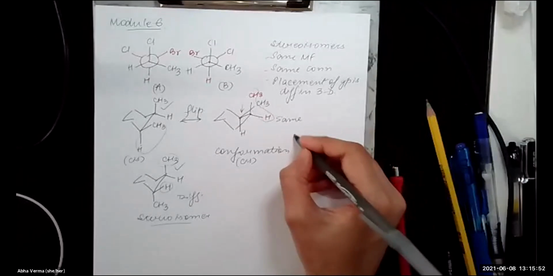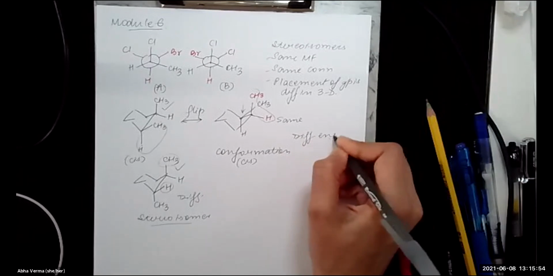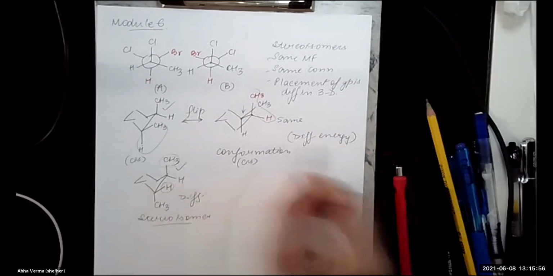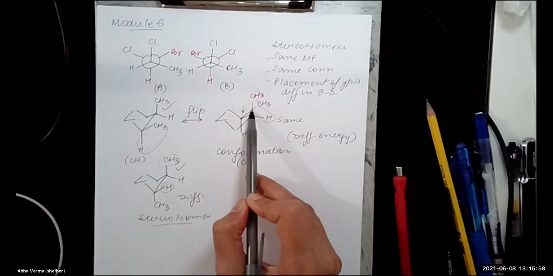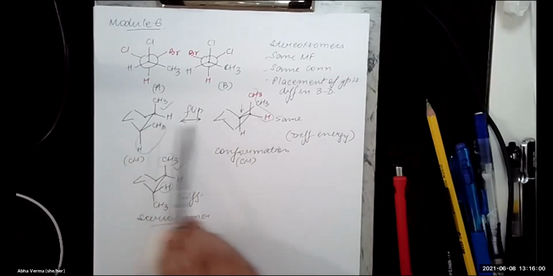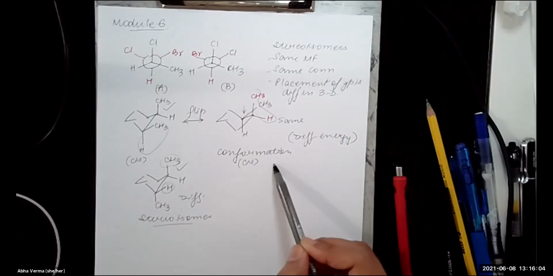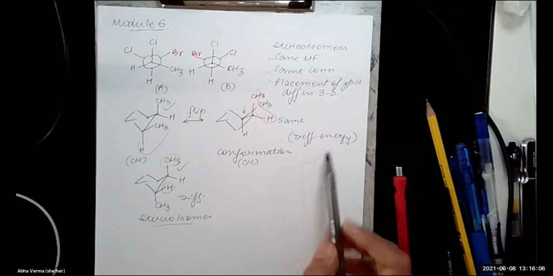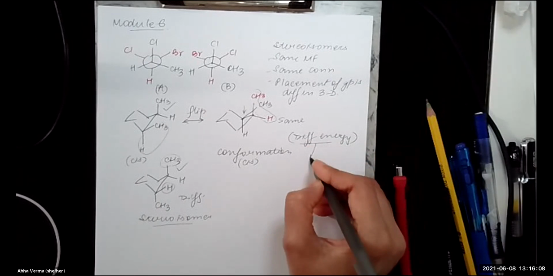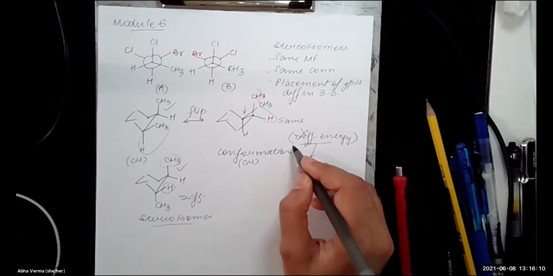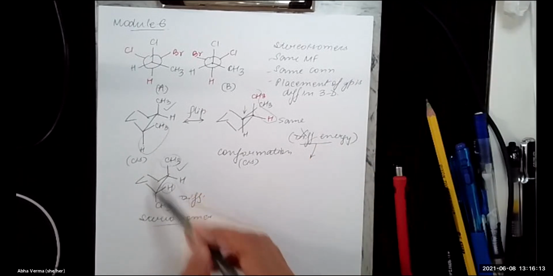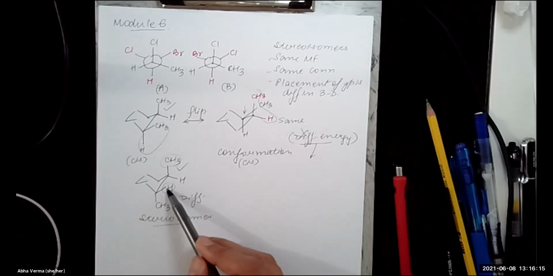Conformations have different energies, definitely. But in this case, it's the same energy. Usually with conformations, when you have an eclipsed or a staggered, you will see different energy at that point. Not here. But this definitely has, you had to break a bond.